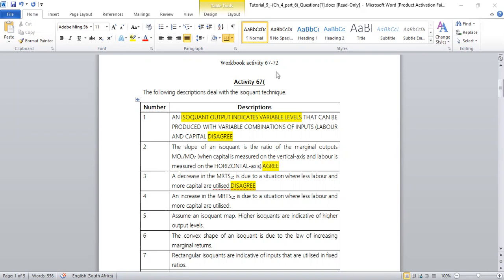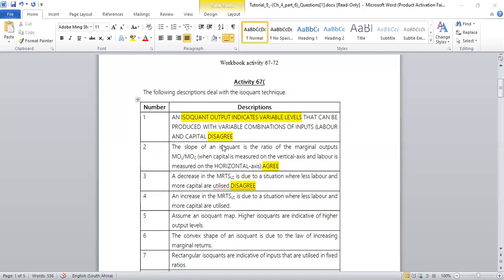So guys, this is the formula to calculate the marginal rate of technical substitution. When you are calculating it, you take the marginal output of labor divided by the marginal output of capital. So what I'm saying is, as a business, if we employ more units of labor, the marginal output of labor will decrease.